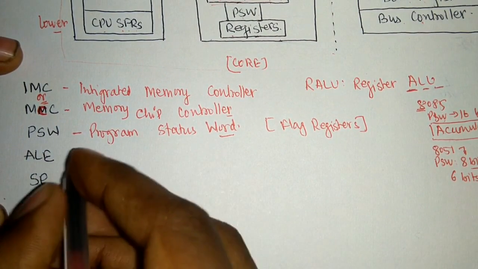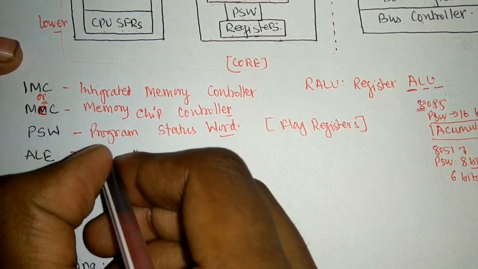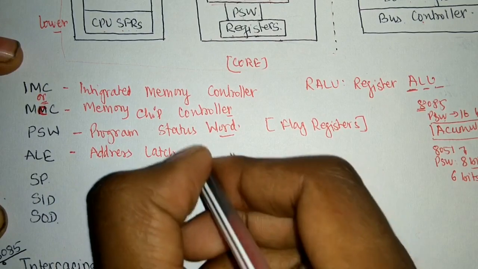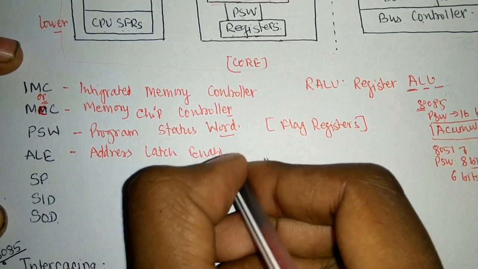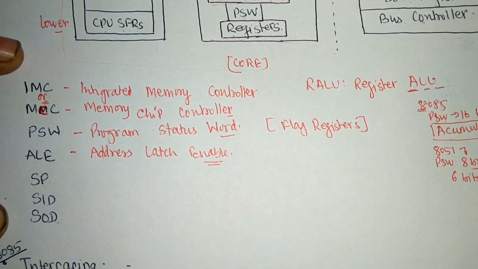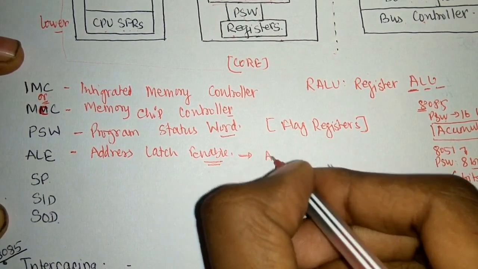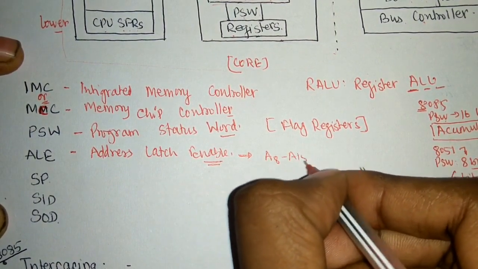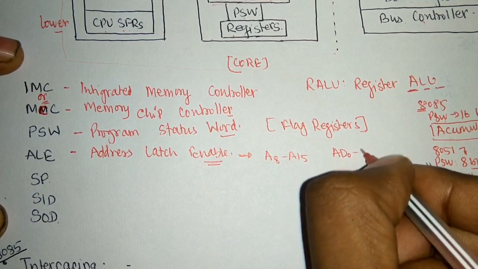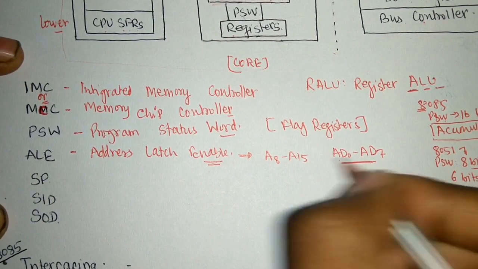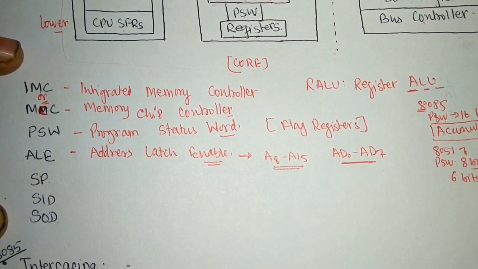Okay, ALE is something called address latch enable. When we discussed our 8085's architecture, I told you that there was A8 to A15 and then AD0 to AD7. This was working as the address plus data bus, and this was working as the address bus, higher side and lower side, right?